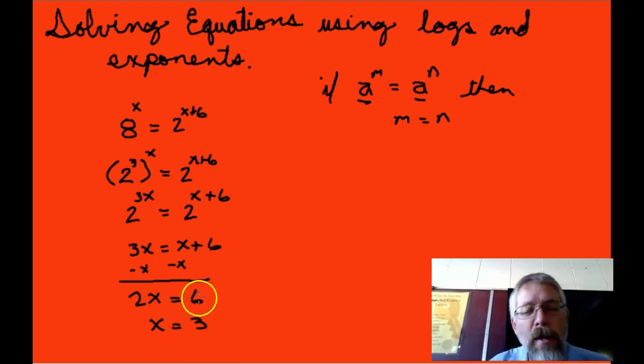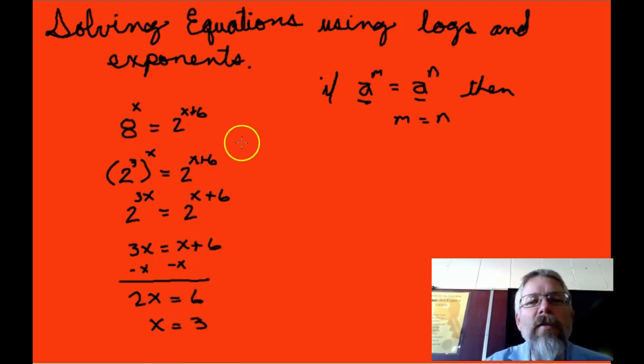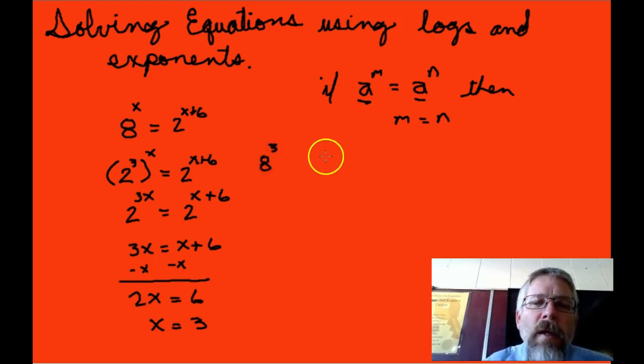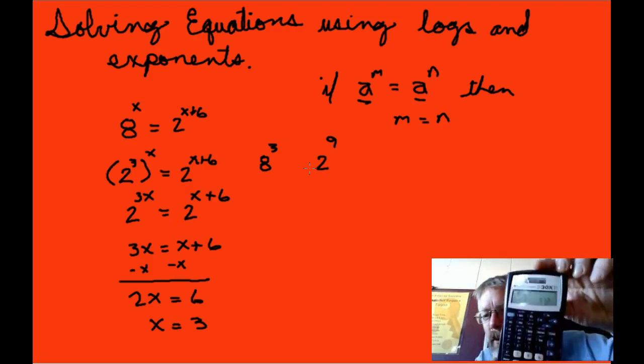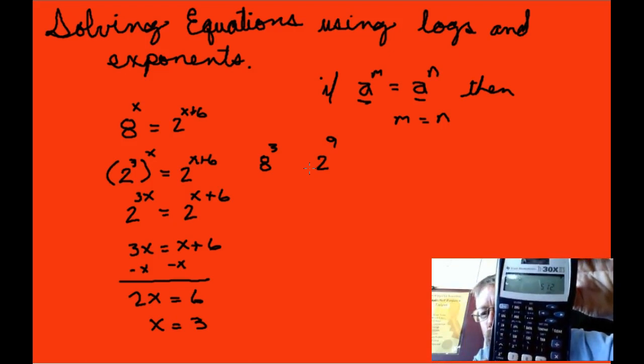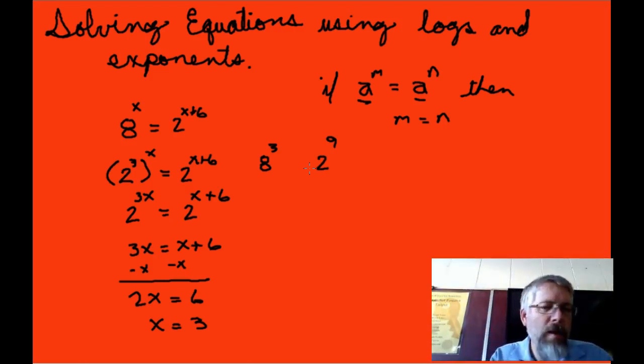Now it's always a good thing to go back and test this. 8 to the third power and 2 to the ninth power. Well, I'm going to get out my handy dandy calculator here. And when I calculate 8 to the third power, I get, I don't know if you can see that or not, 512.